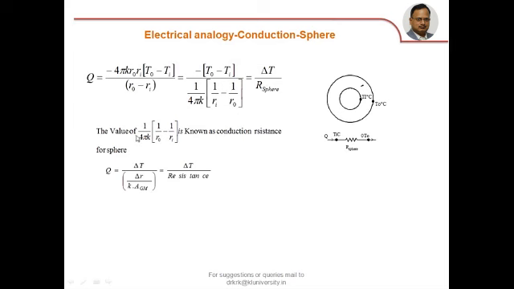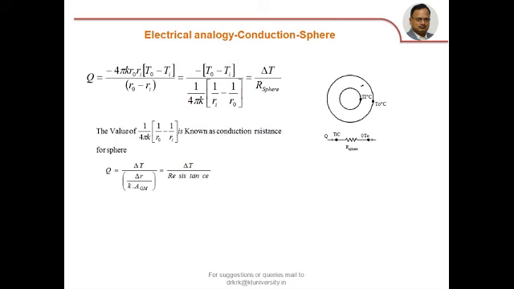Hence, the value of 1 by 4 pi k into 1 by Ri minus 1 by Ro is known as conduction resistance for a sphere. You can also write the formula Q equal to delta T by delta R by K into geometric mean area, because we have seen that equivalent area of cross section for a sphere is geometric mean area. So therefore Q equal to delta T by the resistance offered by the sphere.